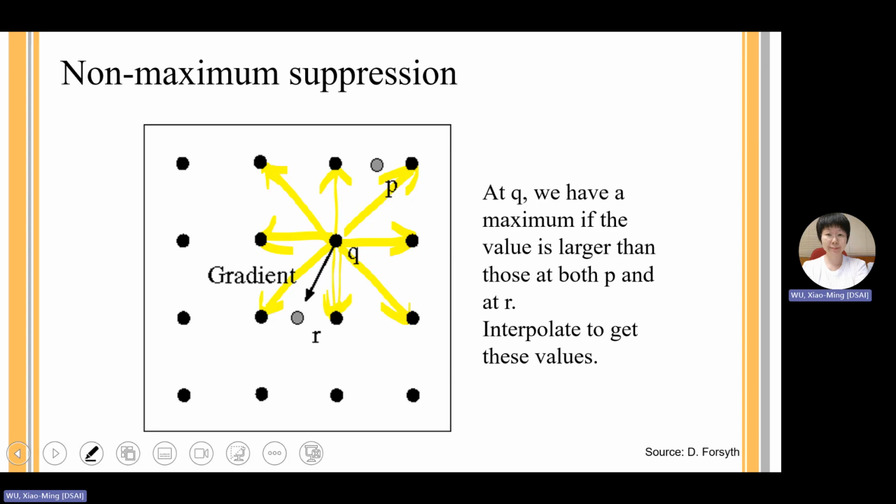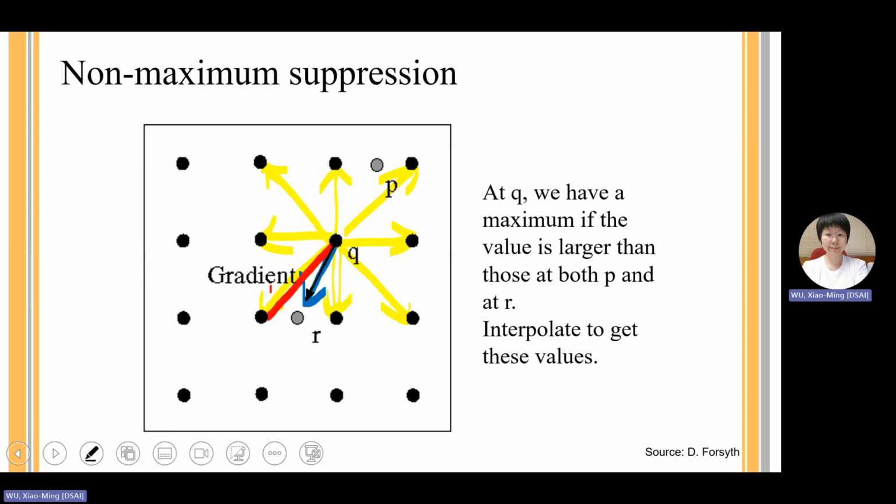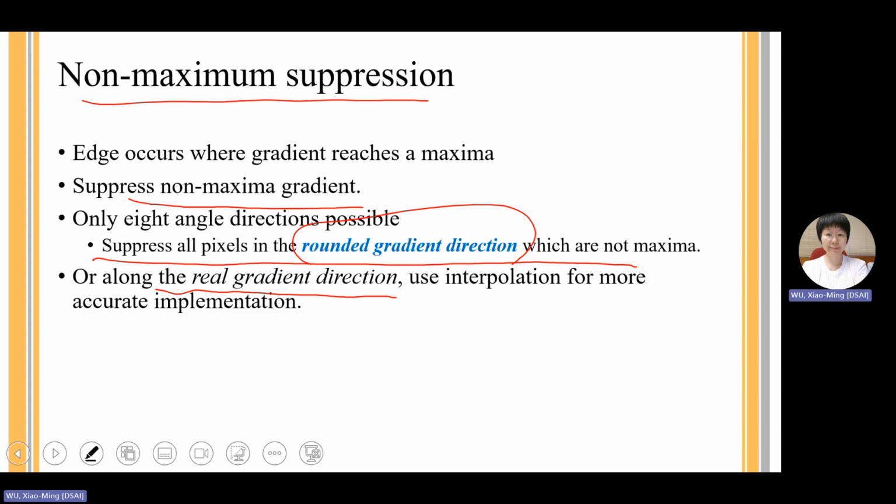This is the real gradient direction. We can round it by looking for the angle direction closest to the real gradient direction. The red one indicates the rounded gradient direction.